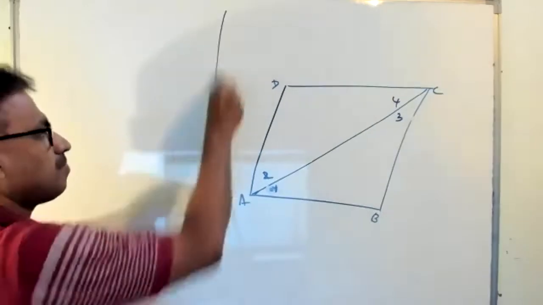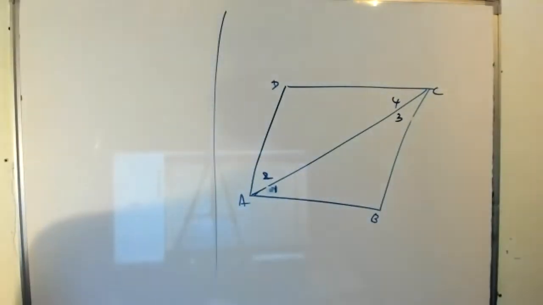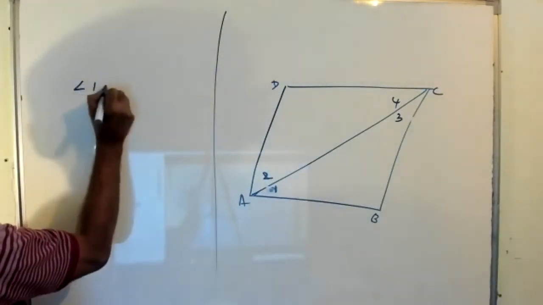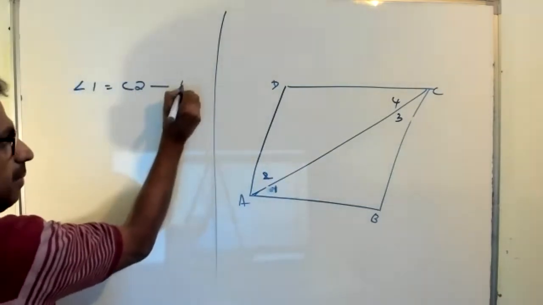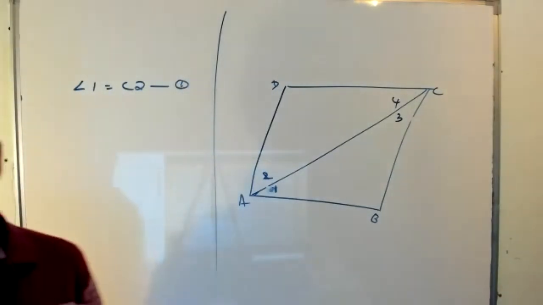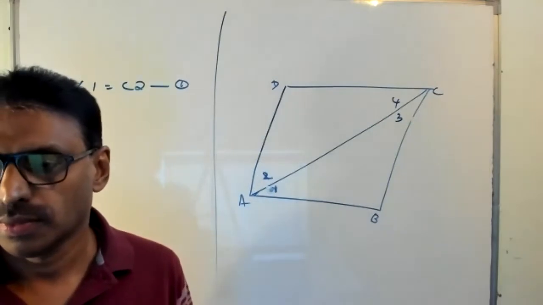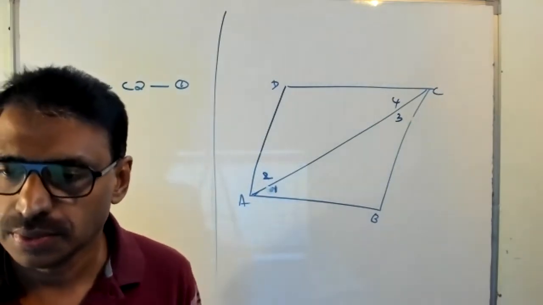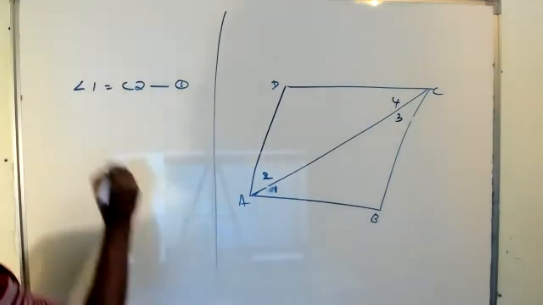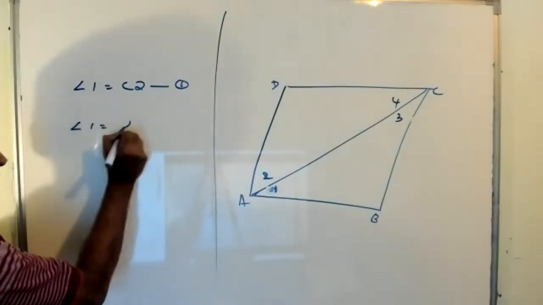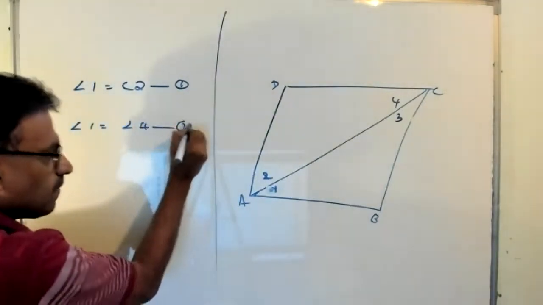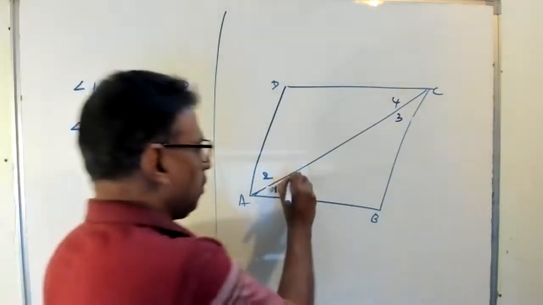Okay, look here. Angle 1 equal to angle 2, call it number 1. That's given, right? Correct? Yes, sir. And angle 1 equal to angle 4.